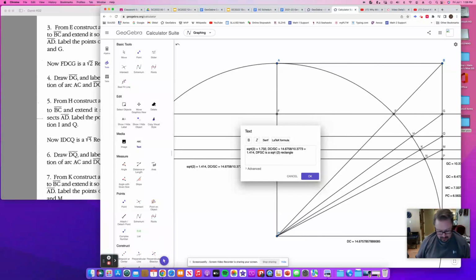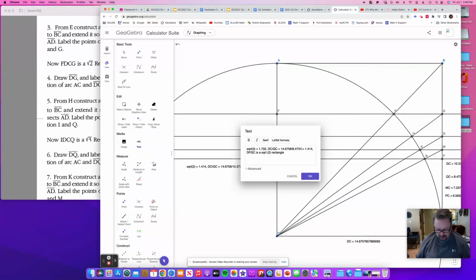And we have DC over QC, and we're going over 8.4731.